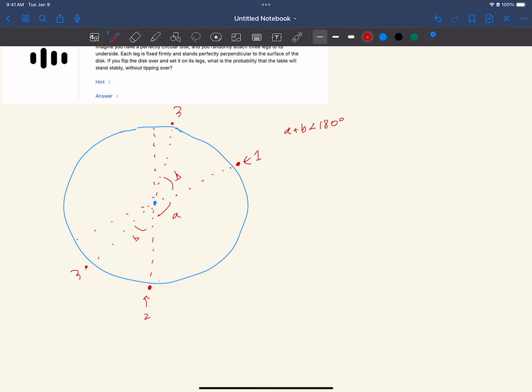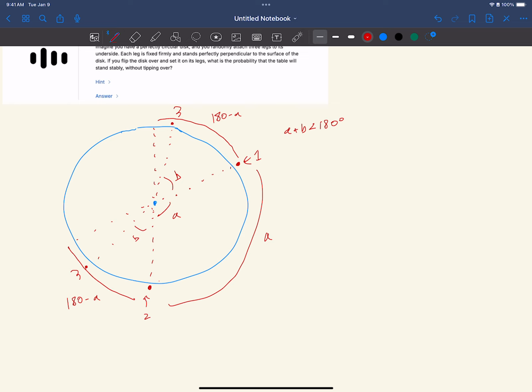So the way we calculate this is by doing the following. We know that the angle that's allowed for the point to fall is equal to the sum of these three parts. The angle A plus the angle 180 degrees minus A over here, plus the angle of 180 degrees minus A over there.